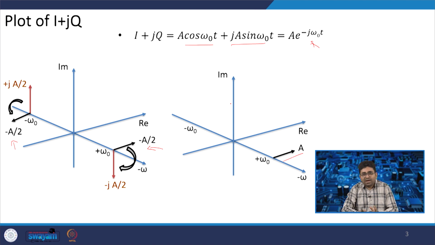This is how we can generate e raised to minus j omega naught t. For that we need a quadrature signal. This is I, the in-phase, and this is Q, the quadrature, and then we use a Hilbert transform, as discussed, to get the down converted signal.